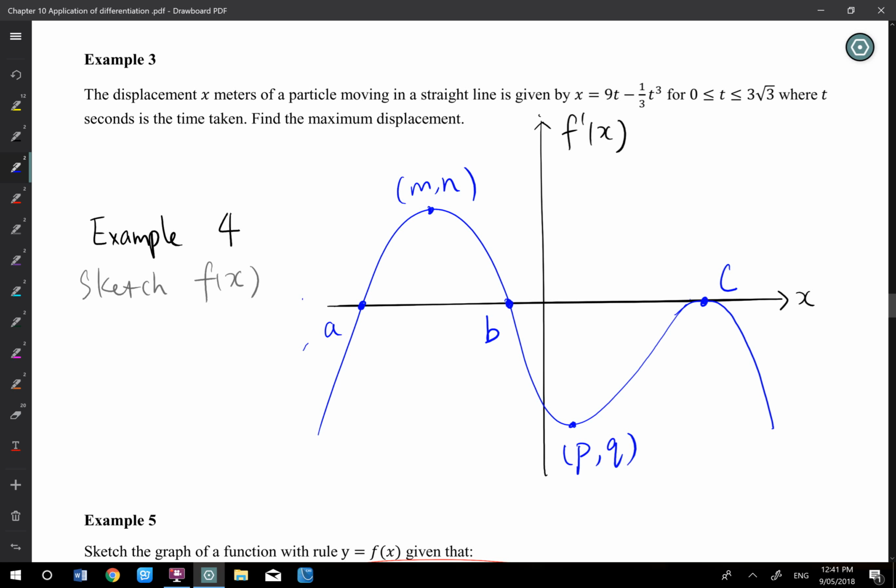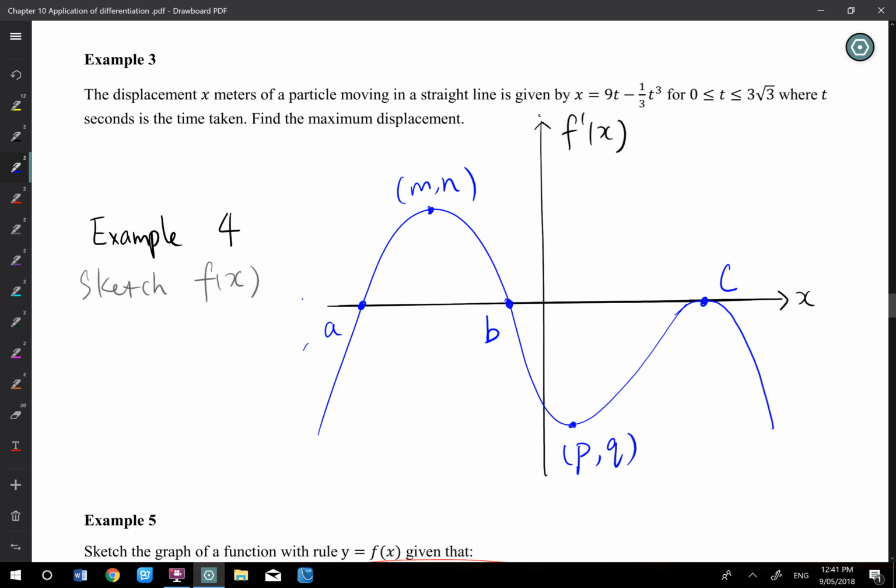Let's ask another way. Stationary points, right? You need the stationary points in the table. What are stationary points? What's the common feature for stationary points? Gradient is 0.